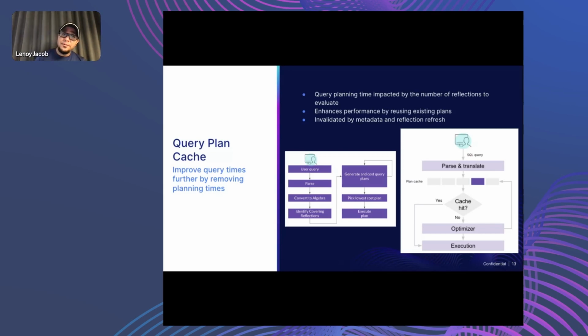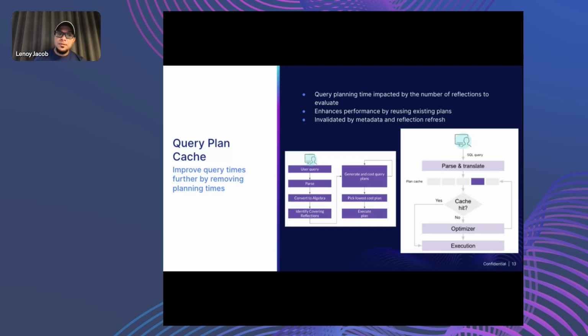The cool thing is in Dremio, we have a feature called query plan cache that can cache these query plans. It is useful because when we plan the query for the very first time, we put the most optimal plan into the cache. If the same query or a similar query is submitted again, Dremio will search the cache to see if the plan has already been generated, and we can then use a cached version of it.